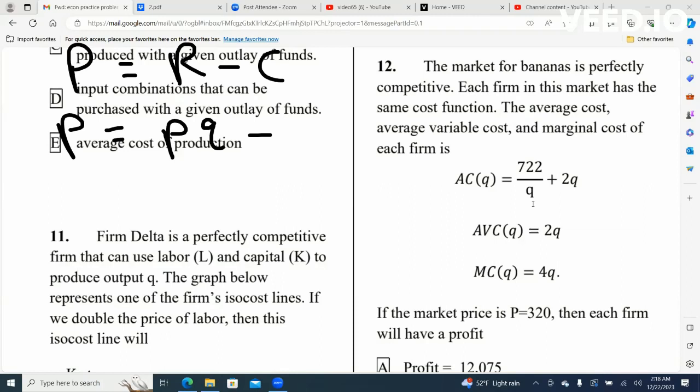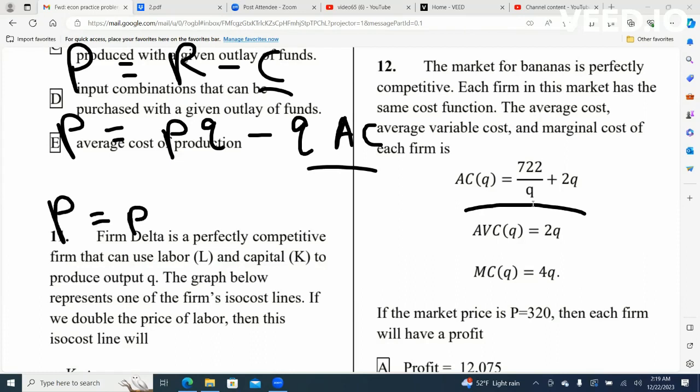They give us the average cost, which is the average cost per unit. If we take the average cost and multiply it by the number of units, that's the total cost. So profit is price times Q minus Q times the average cost, that entire thing.